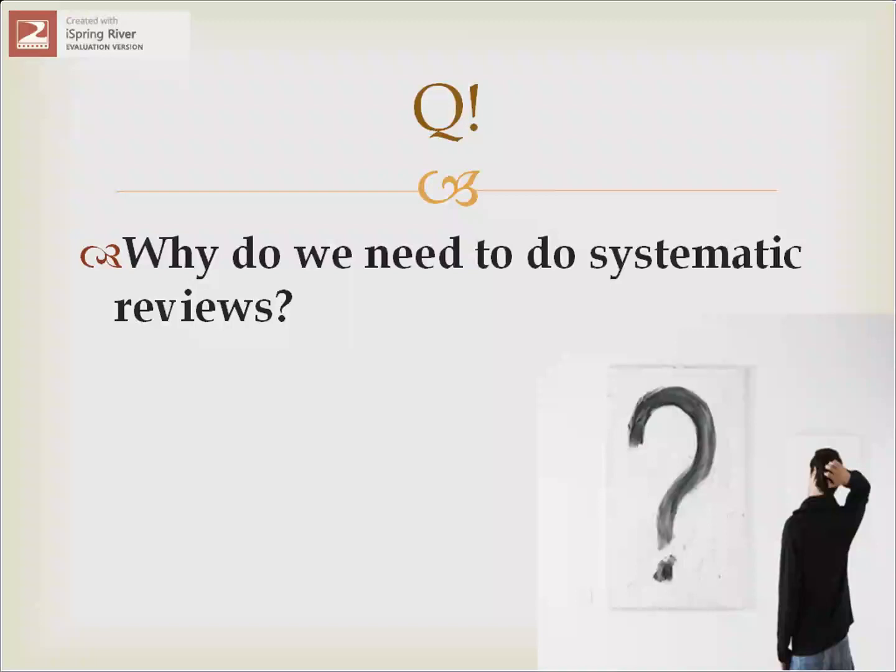Now here one question arises: why do we need to do systematic reviews? Let me give you one example. If you are going through literature and you find a few studies which have done research on the same topic, let's say 5 studies have conducted clinical trials comparing a tablet with a surgical procedure. 2 of these studies are saying that the tablet is really good for this particular treatment, while 2 are saying that surgery is good.